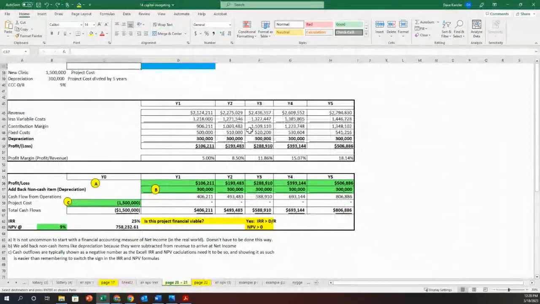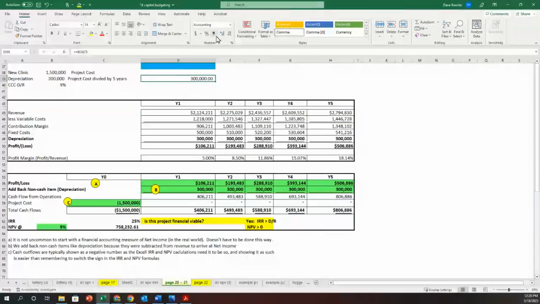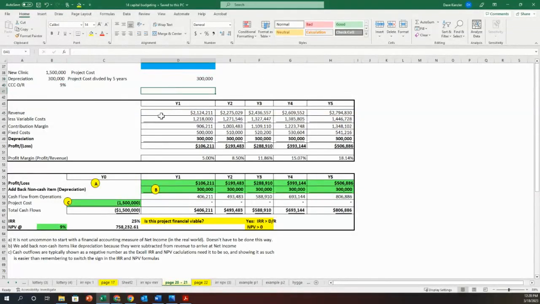Typically when we build these models, we have a project, a new clinic, it's 1.5 million. We're going to depreciate the cost of that with straight-line depreciation over 5 years. That divided by 5 is 300,000. And we decide our cost of capital discount rate is 9%.